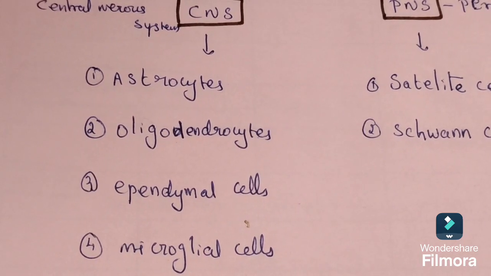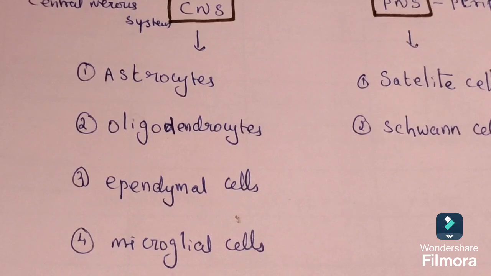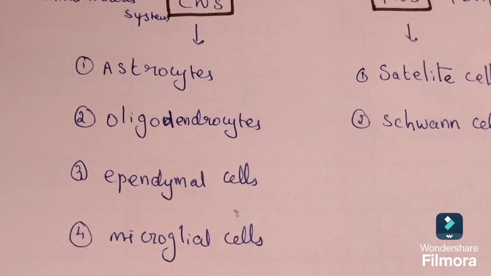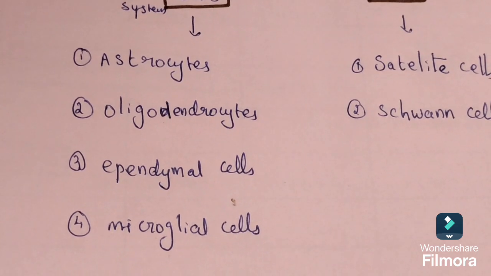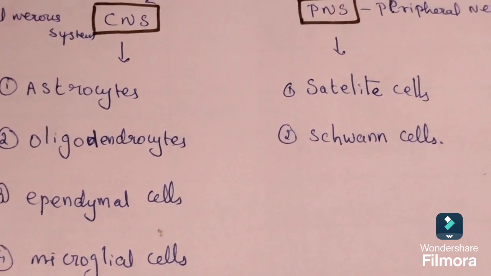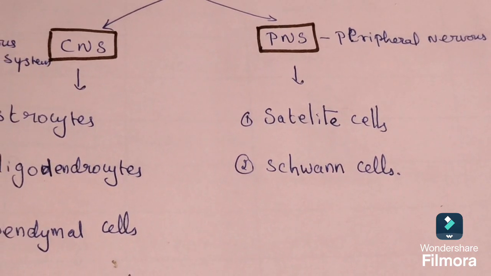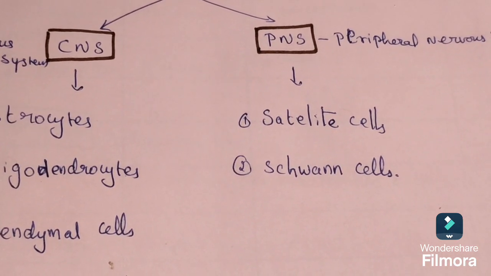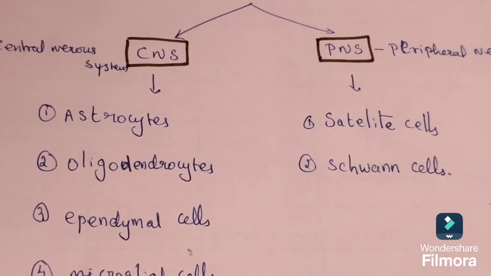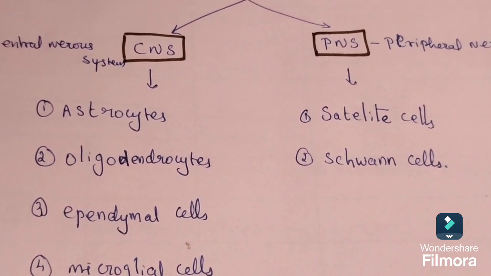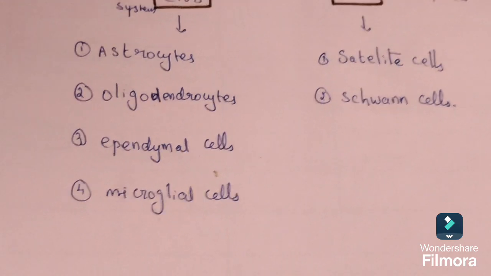Astrocytes, oligodendrocytes, ependymal cells, and microglial cells. In the peripheral nervous system, two types of glial cells are present: satellite cells and Schwann cells. So in total there are 6. One by one we will discuss each cell in detail.